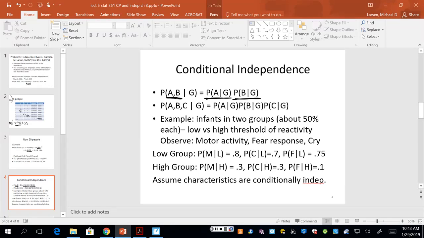So one example where this is used is in an article on testing of infants. In this, the A, B, and C are different factors for studying personality traits in infants.